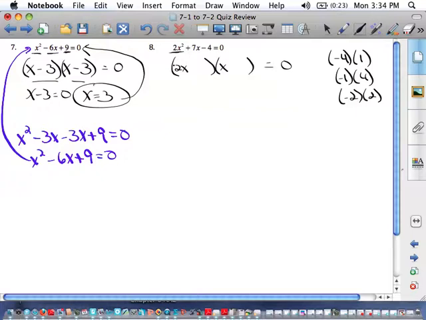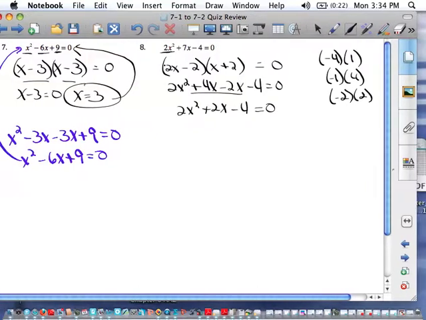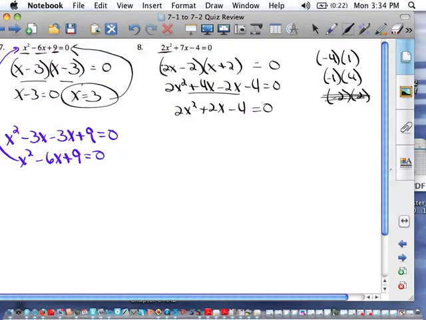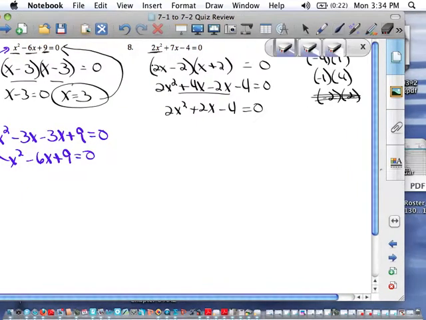So let's try -2 and +2. When I FOIL that back, I get 2x squared plus 4x minus 2x minus 4 equals 0. When I combine these, I have 2x squared plus 2x minus 4 equals 0. That's not what I started with, so we can cross that out because that's not going to be one of the options we want to choose.